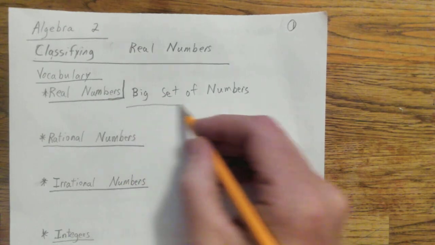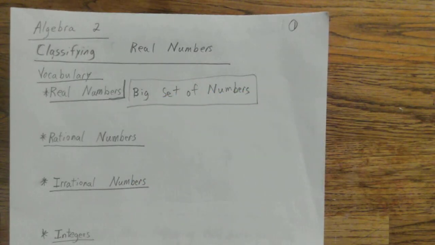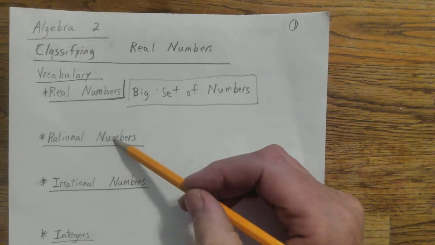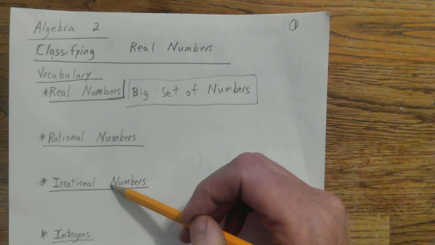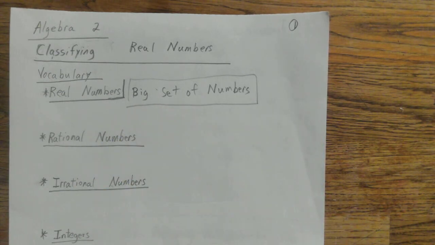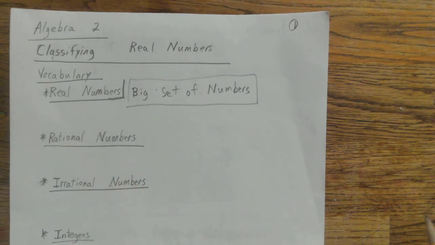This is the big set of numbers. It's pretty much every number you've ever heard of. And that big set of numbers can be split into rational numbers and irrational numbers. Any number you've ever heard up to this point in your mathematics education so far.